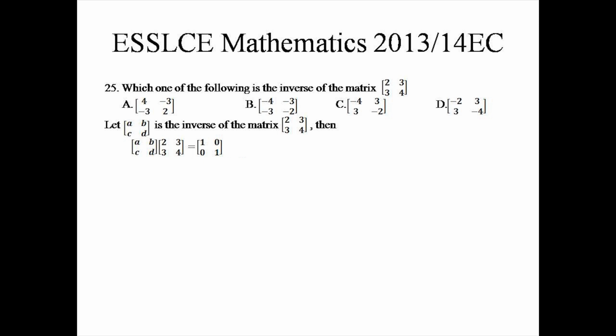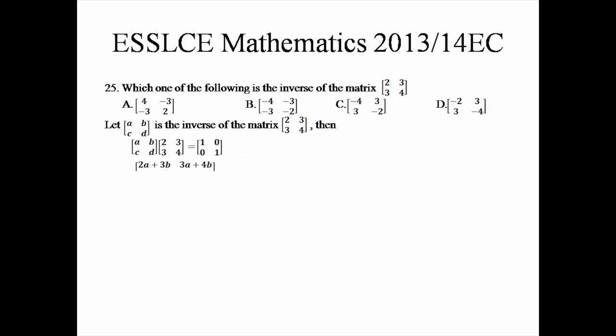That's an identity matrix. In multiplying these two matrices, first determine the sum of the product of row 1 of the left side matrix with the corresponding column 1 of the matrix under inquiry, that is 2a plus 3b. Again, determine the sum of the product of row 1 of the inverse matrix with the corresponding second column of the matrix under inquiry, that is 3a plus 4b.